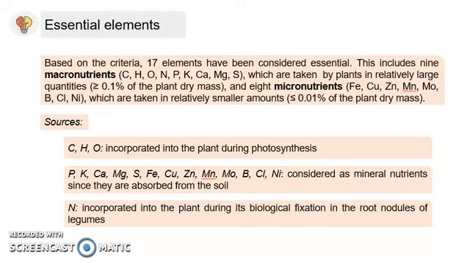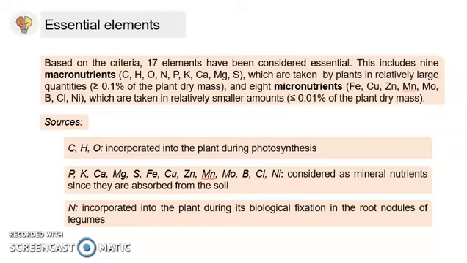The 8 micronutrients are Fe for iron, Cu is copper, Zn, zinc, Mn, manganese, Mo, molybdenum, B, boron, Cl, chlorine, and the last one is Ni, which is nickel.